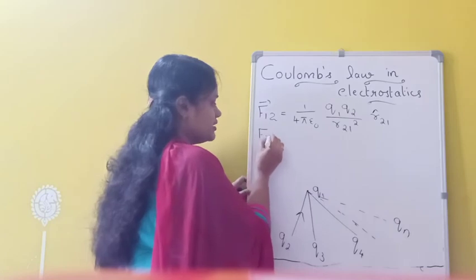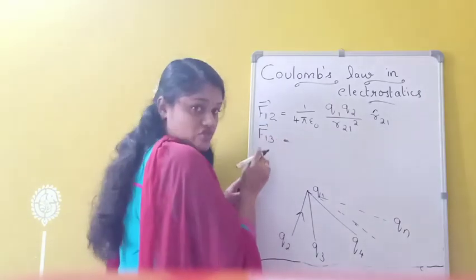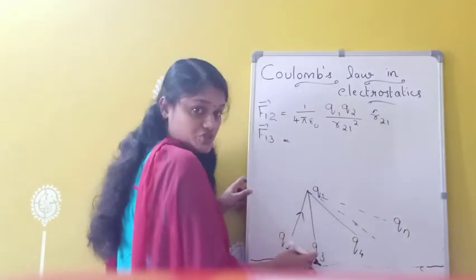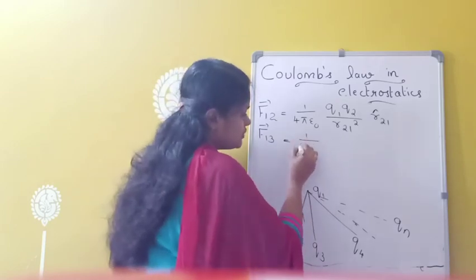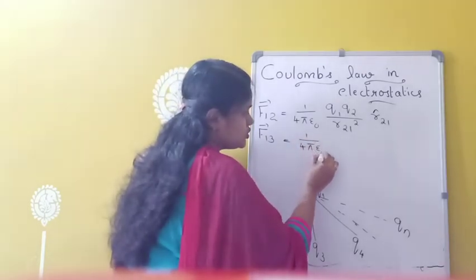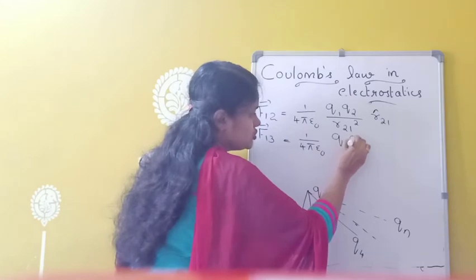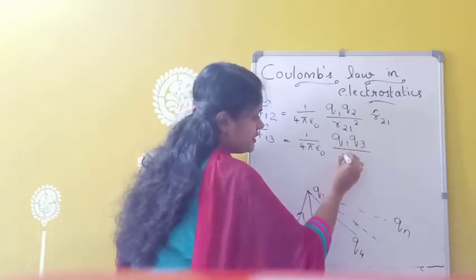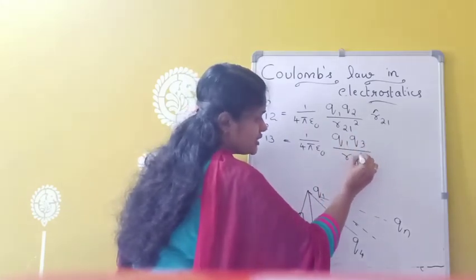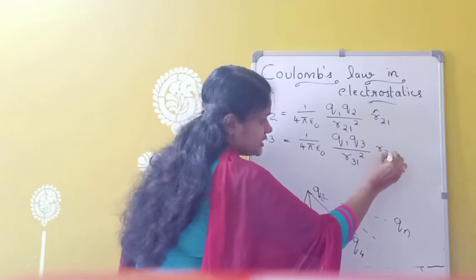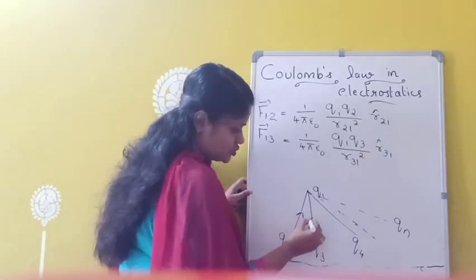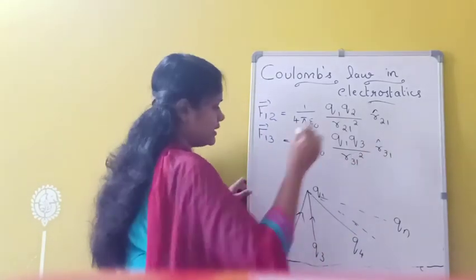Similarly, I am writing F13. That is the force acting on charge Q1 due to Q3. It is 1 by 4 pi epsilon 0 Q1 Q3 divided by R31 square into unit vector R31. That is in the direction Q3 to Q1. Okay.